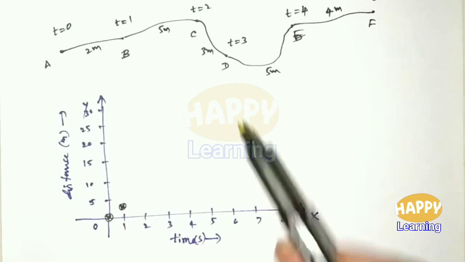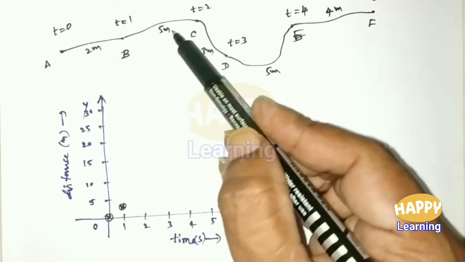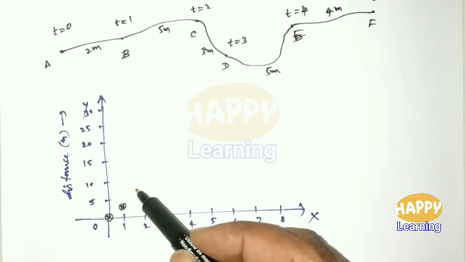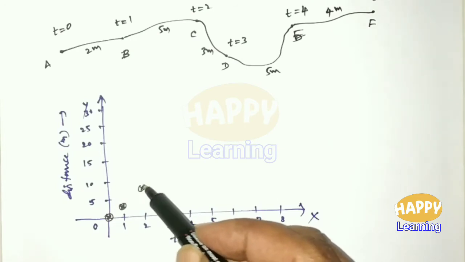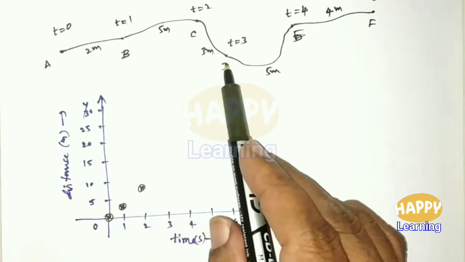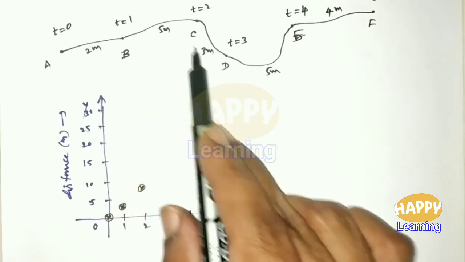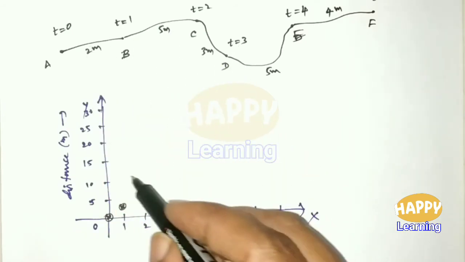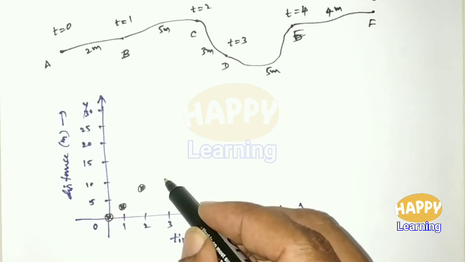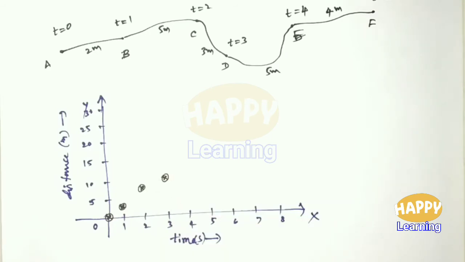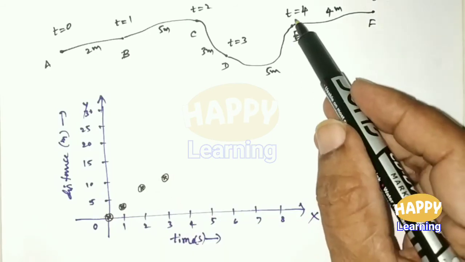Then by the time t equal to 2 seconds, distance is 2 plus 5 equal to 7 meter. So let me note down roughly. By the time t equal to 3 seconds, he has covered 2 plus 5 plus 3, total 10 meter. So note down the point against 3 seconds and 10 meters.